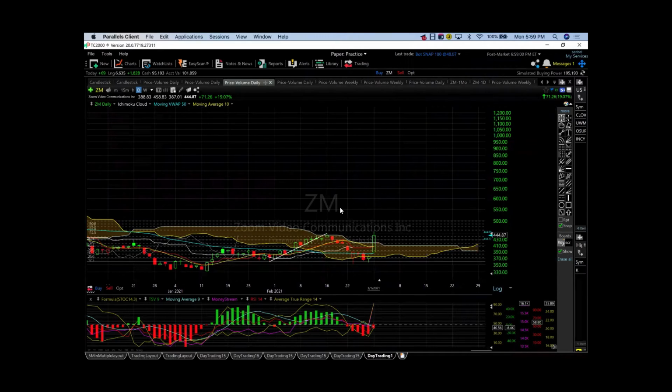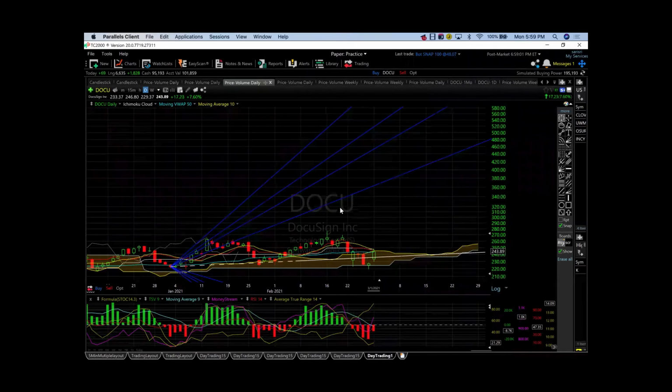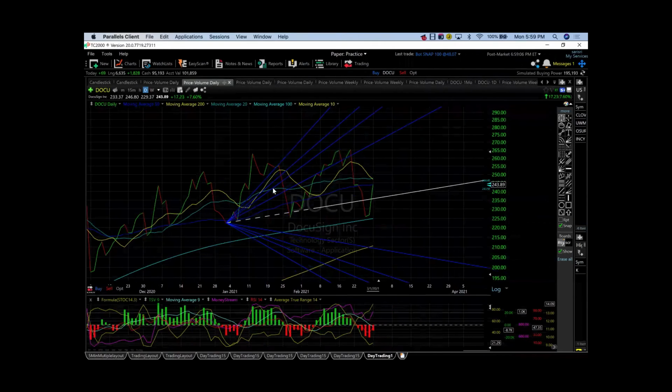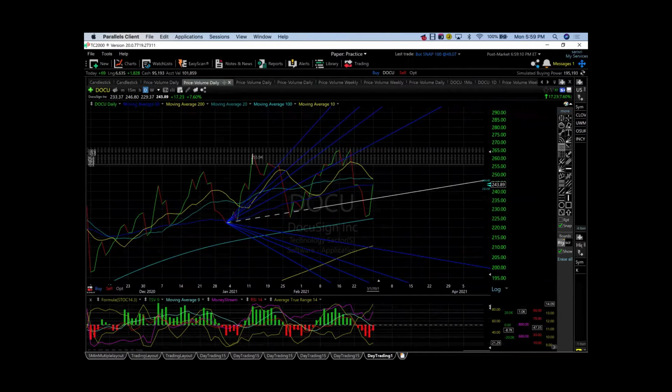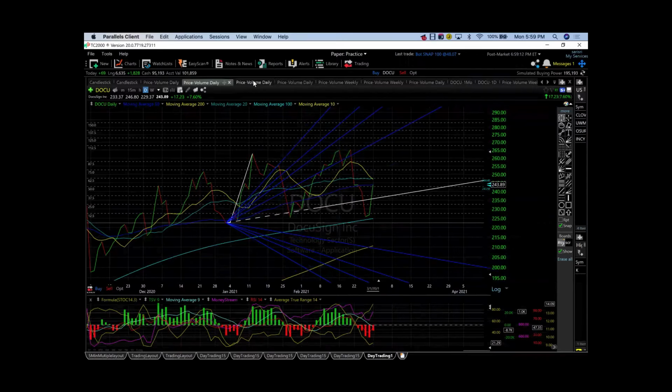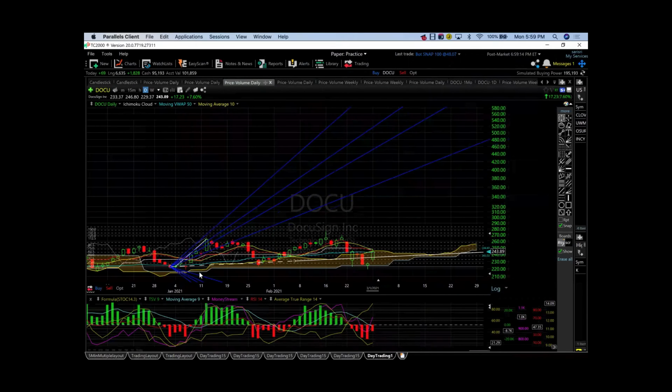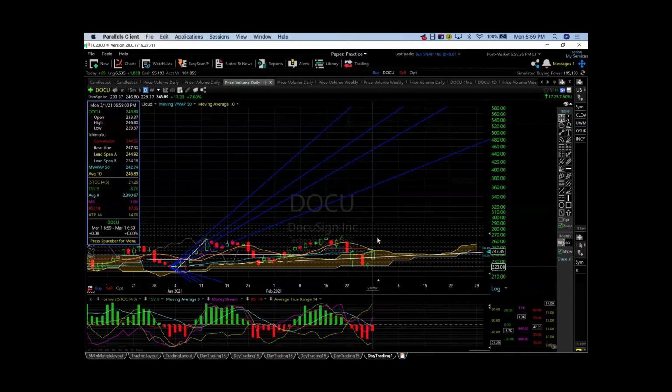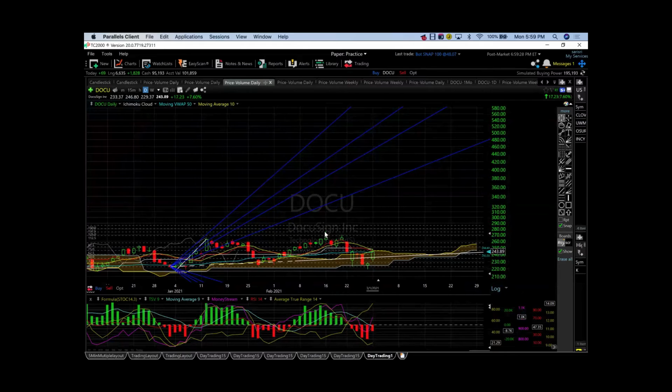For example, take Docu, a popular example. Some days back it went to 290 or something, if you remember. If I draw this line, it came back to this and it also went lower, right? So 12.5 is much more accurate, but 25% is okay, you won't lose much. Then it will go back up and form a higher high.